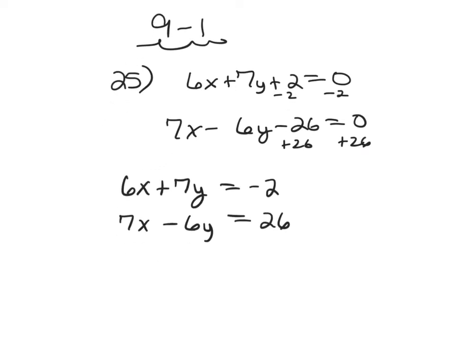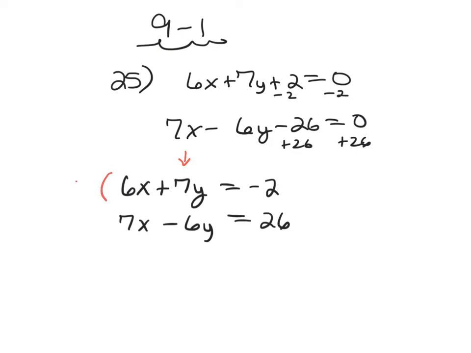Now, my goal here is to get either the x's or the y's to have the same number but opposite signs. Now, notice my y's already have opposite signs. So really what I'm trying to do here is find a least common multiple between 6 and 7. So my least common multiple is going to be 42.